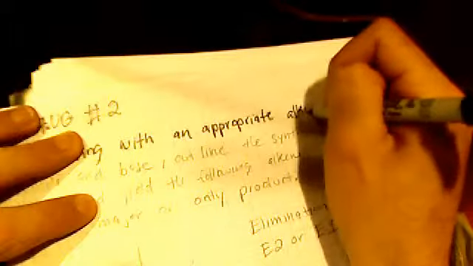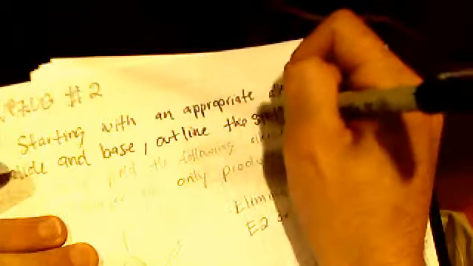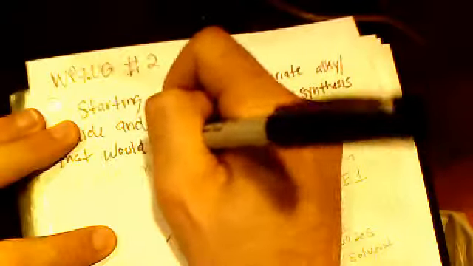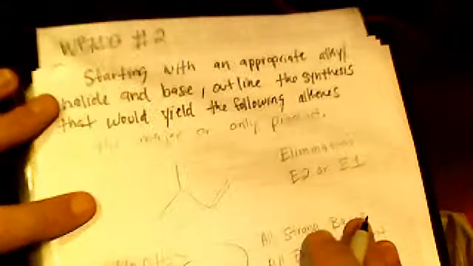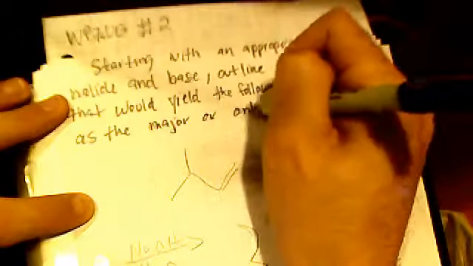So the question they ask is: starting with an appropriate alkyl halide and base, outline the synthesis that would yield the following alkene as the major or only product.